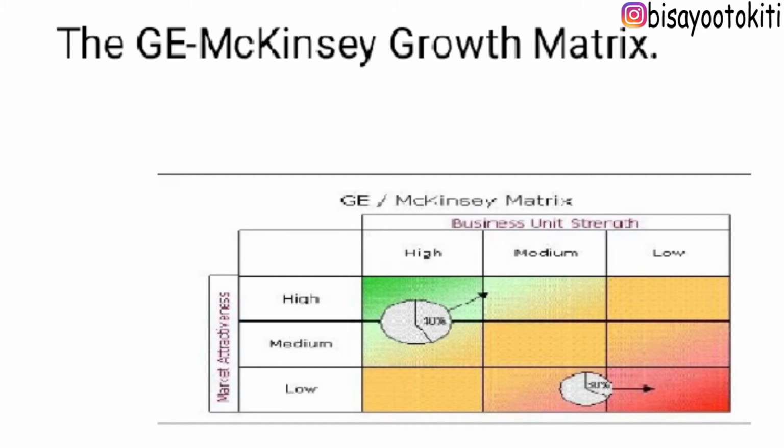And I've given different examples, whether it is star product, cash cow, dog or question mark. The next one we'll be going through is the General Electric McKinsey matrix, which was taken from the BCG matrix and was used to enhance its performance using another consulting firm, McKinsey and Company, to help.